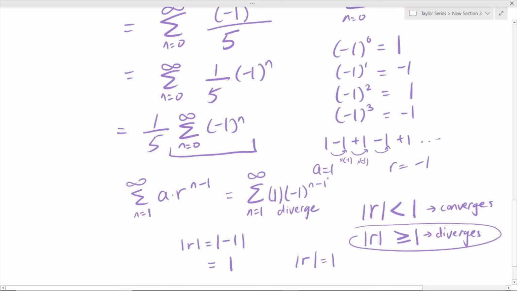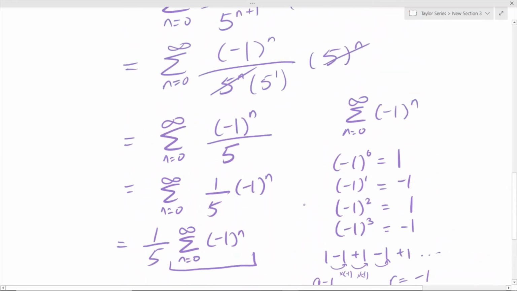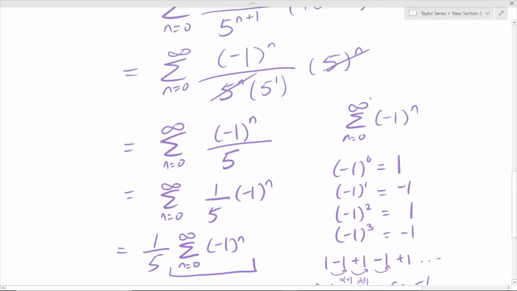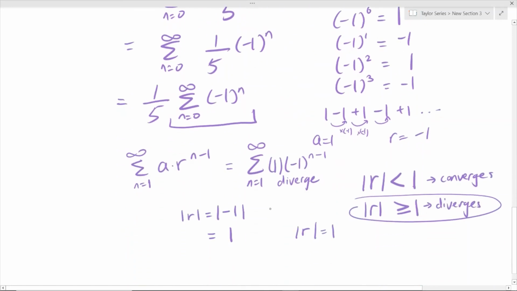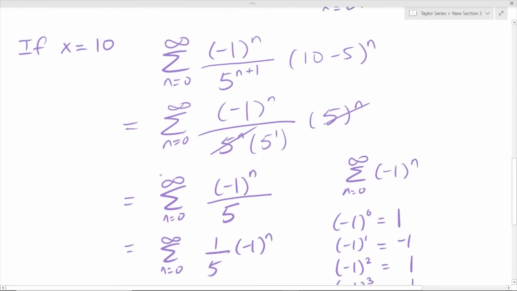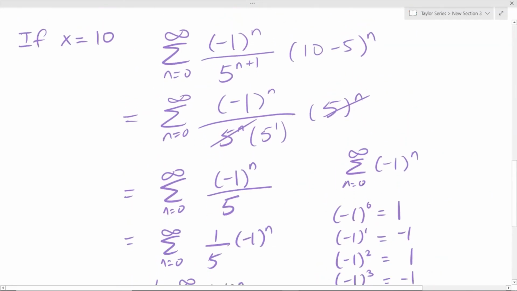And we know that this series is the same series as this one right here. They are the exact same, just rewritten starting at n equals 1, because that's how a geometric series works. Here it's just n equals 0.